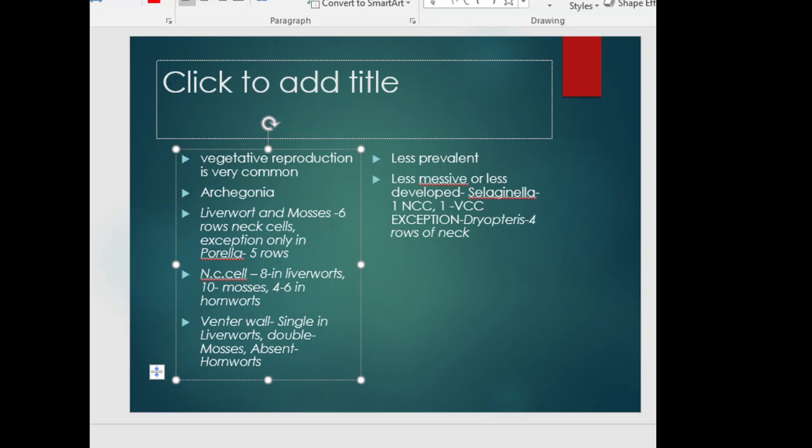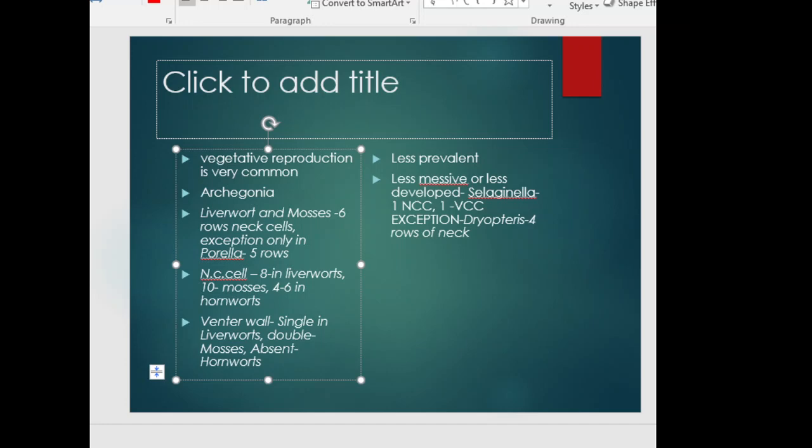Vegetative reproduction is very common in the bryophyta. It is less prevalent in pteridophyta. The main female sex organ in bryophyta is archegonia, and in the pteridophyta it is also archegonia. They come in the category of archegoniate, but there is a difference in the structure of archegonia. If it is liverwort and mosses, there are 6 rows of neck canal cell.